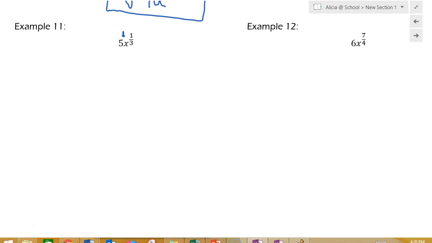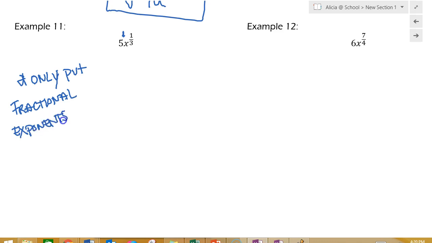So one thing you need to make sure is that you're only, I'm going to put a little asterisk here, only putting fractional exponents, so something that has a fraction, inside the radical symbol. So remember, that's kind of like that square root sign.